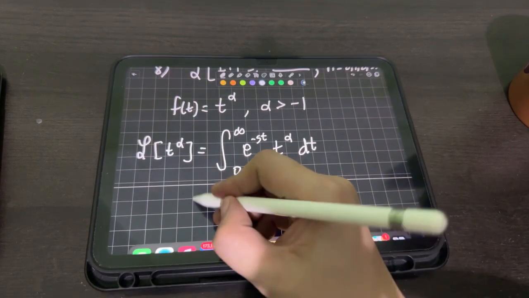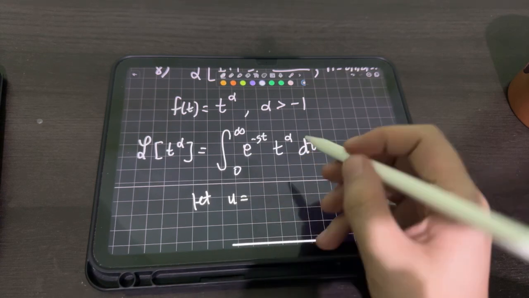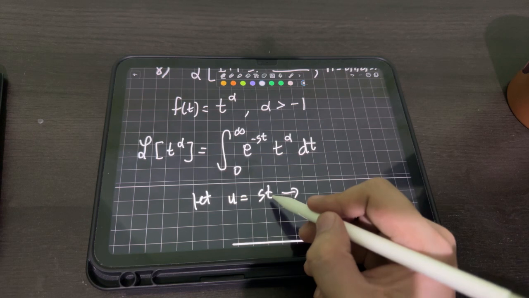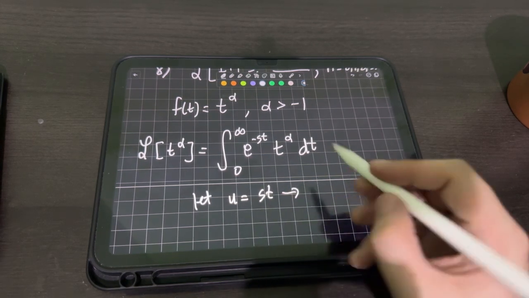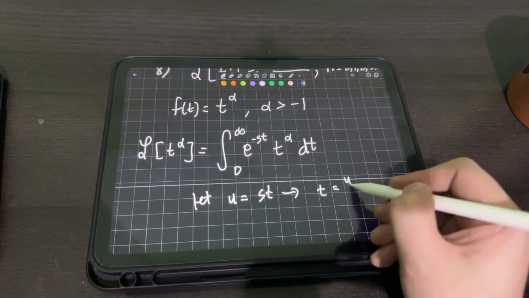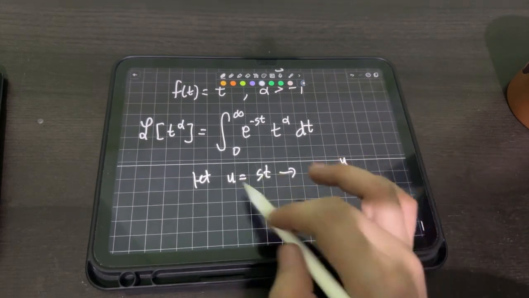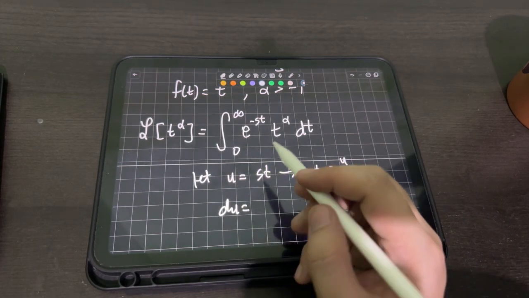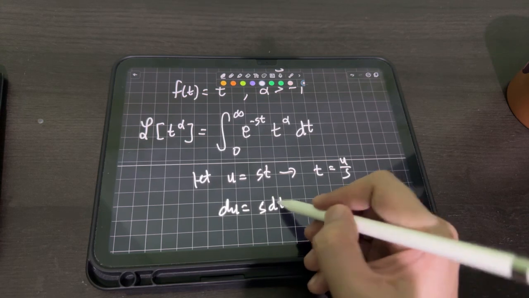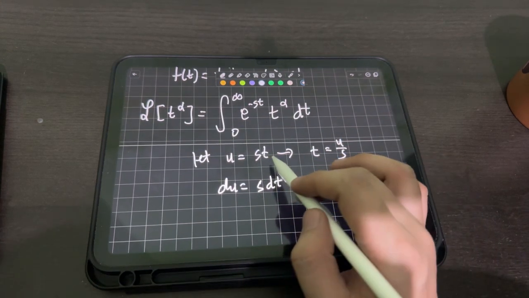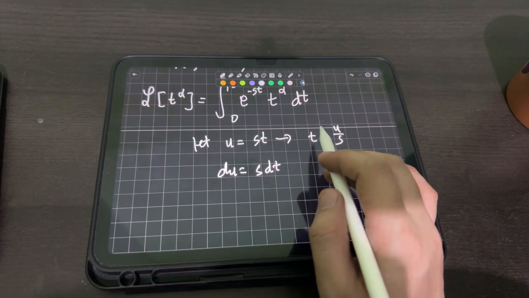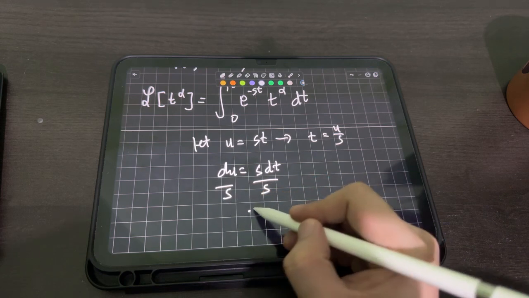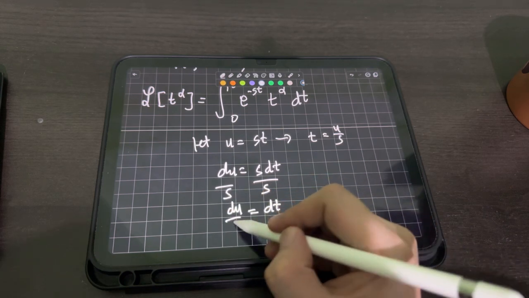If we let u be equal to st, or if we solve for t, divide both sides by s, t is equal to u over s, right? If we get the derivative of both sides, the derivative of u is du. The derivative of st is s dt. s is just a constant here. t is the independent variable. Therefore, if you want to solve for dt, divide both sides by s. dt is du over s.